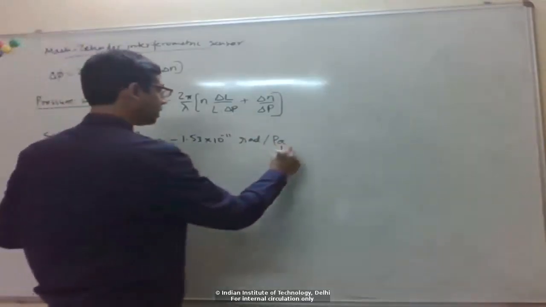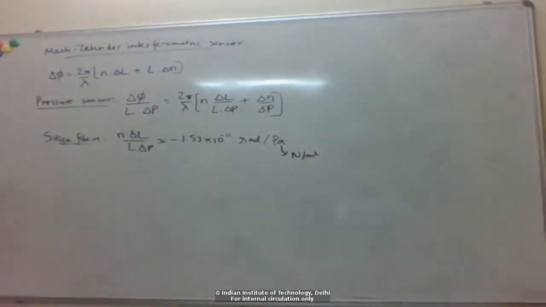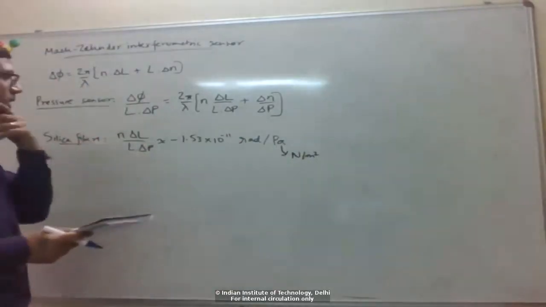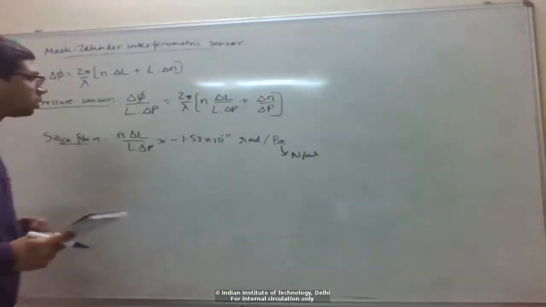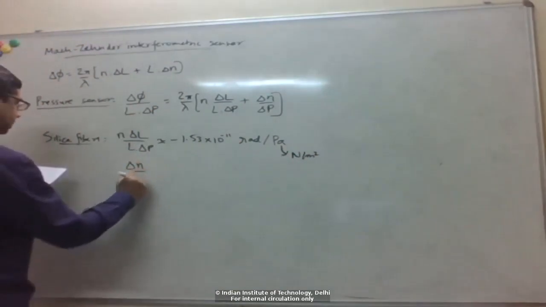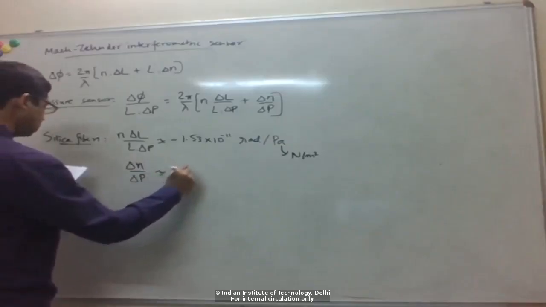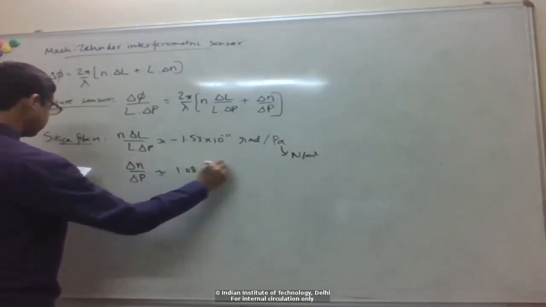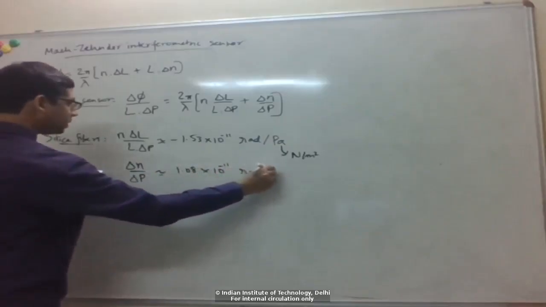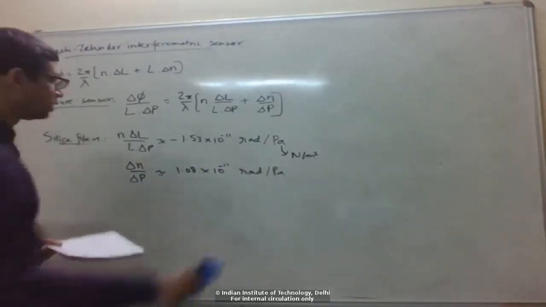So Pascal is Newton per meter square. So if you take silica itself, this quantity is about 10 to the minus 11. And then the change in refractive index is also about 10 to the minus 11 per Pascal.